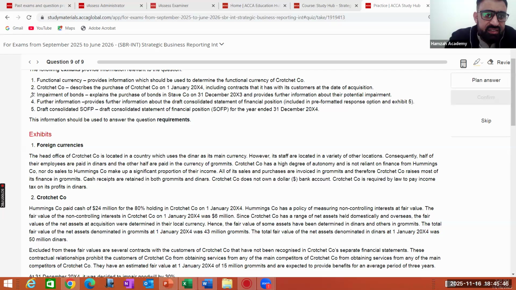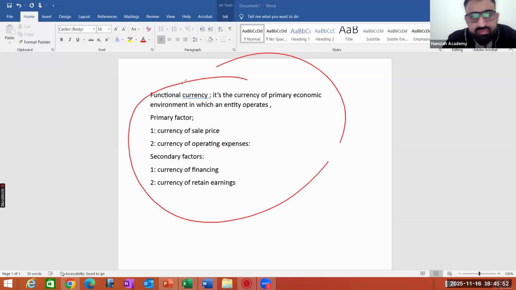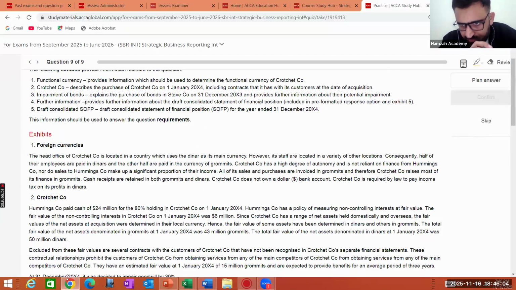In that case, you need to evaluate all these things: currency of sale price, currency of operating expenditure, secondary currency of financing, and currency of retainer. Now, if you read the question, the operating cost, like employee salaries, half of the employee salaries they paid in dinar and half they paid in grommets.